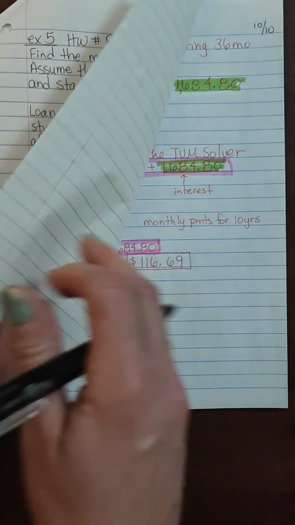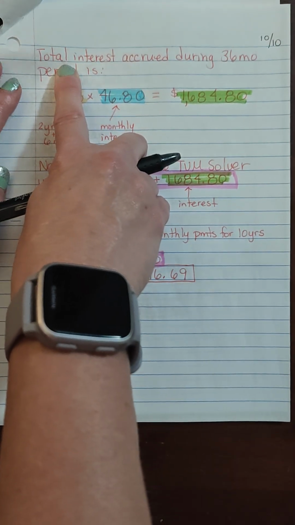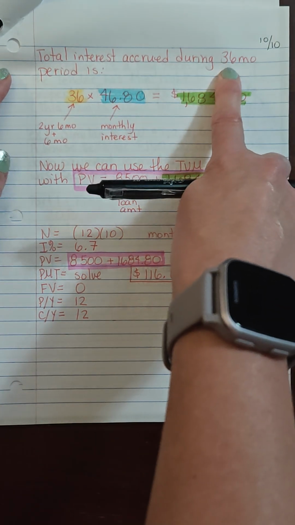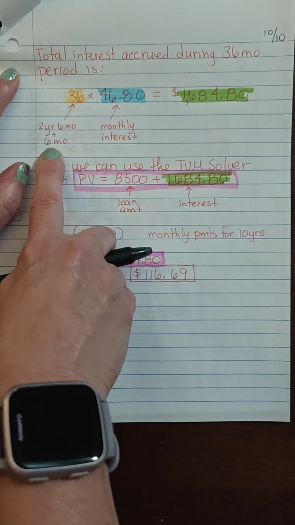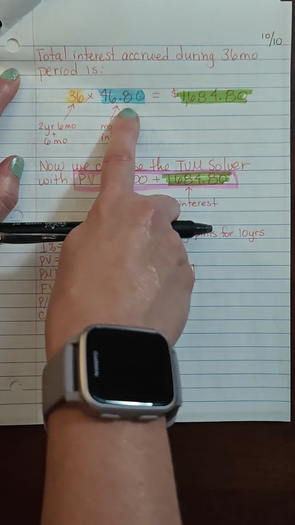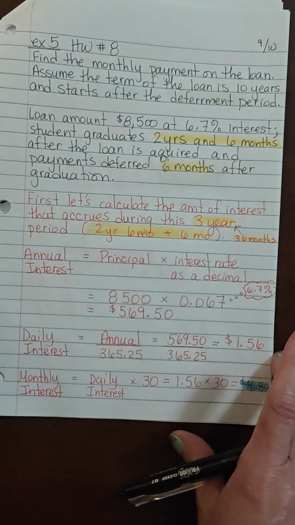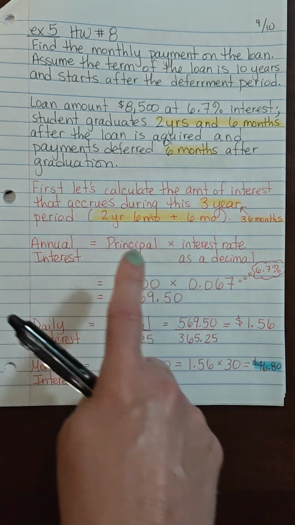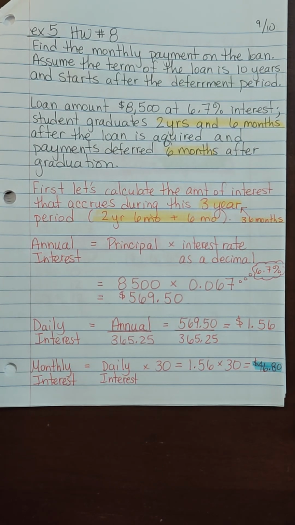That means the total interest that accumulated or accrued during that 3 years, 2 years, 6 months plus 6 months, is 36 months times the monthly interest. Now, here's something to note. When I first did this example, I just got the annual interest of $569.50.